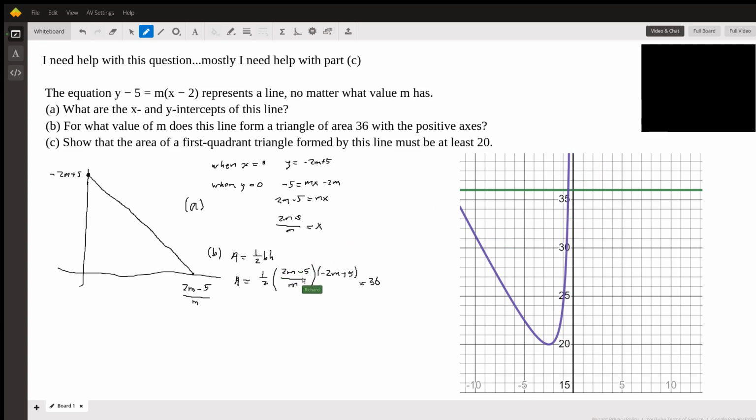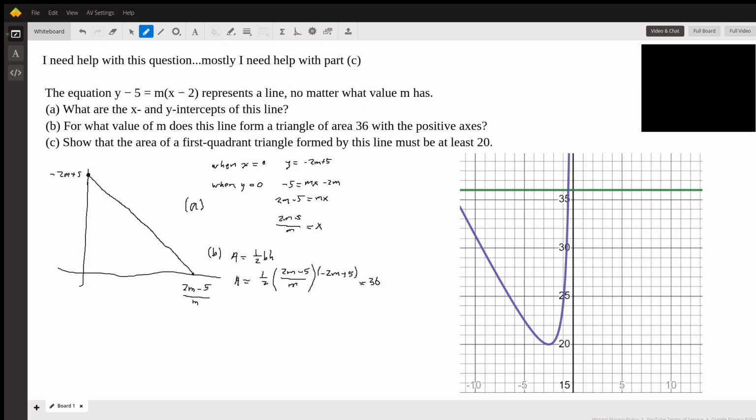This equation here for the area is not a parabola. The numerator is parabolic, but you're dividing by m here. But this is the area based on m, so the x-axis is m and the y-axis is area, and you can see when the area is 36 is just here.